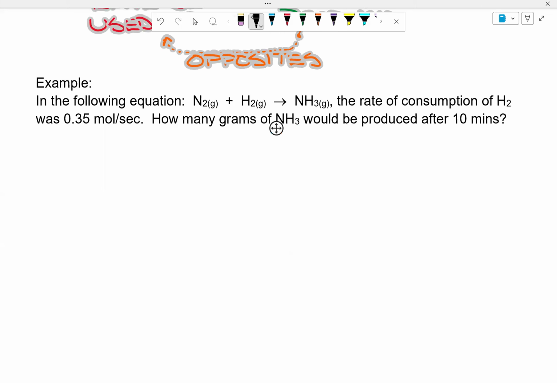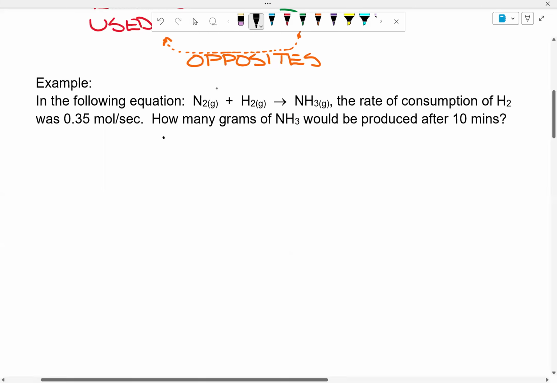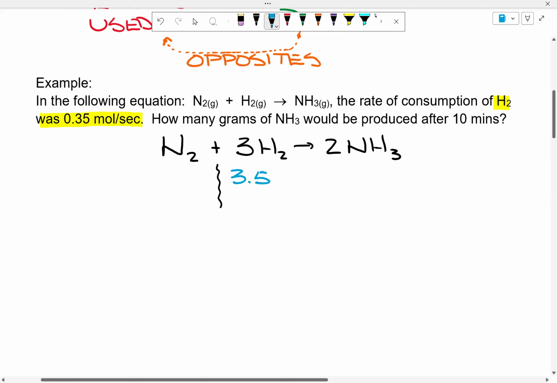So let's say I have N2 plus 3H2 would give you 2NH3. The first thing is you want to recognize you have mole ratios. I gave you the rate of H2 as 0.35 moles per second.